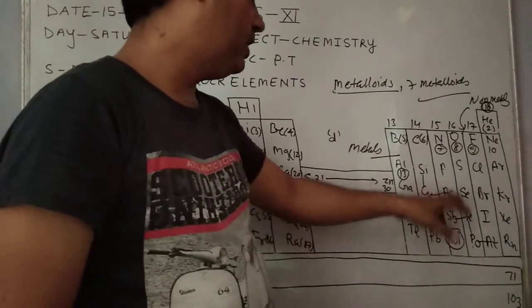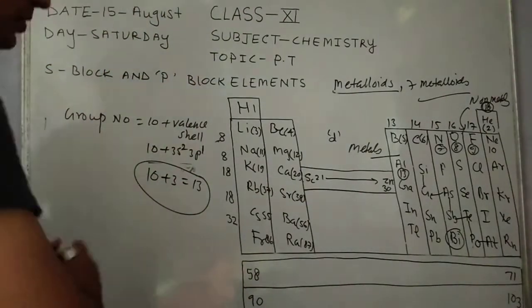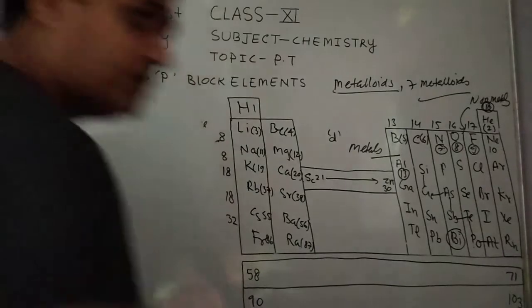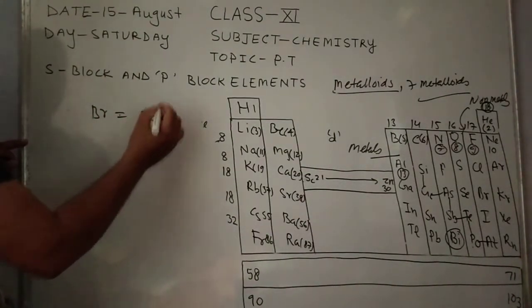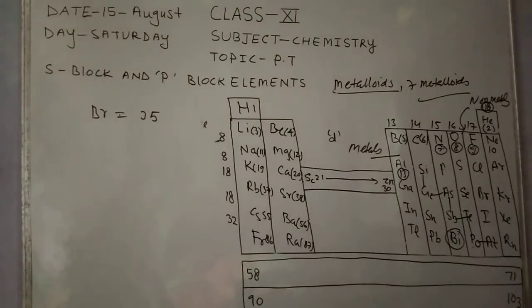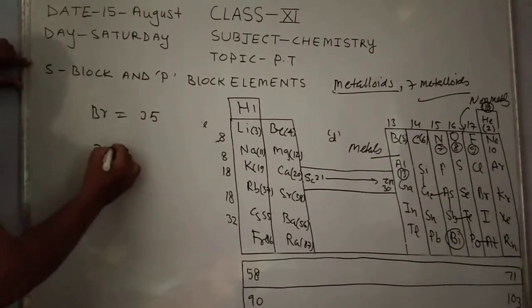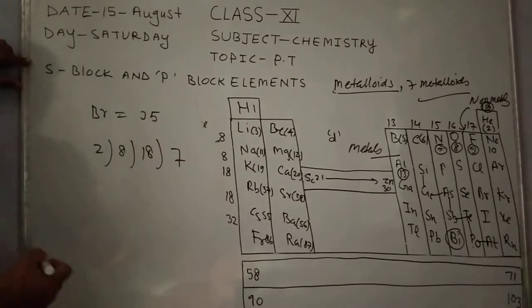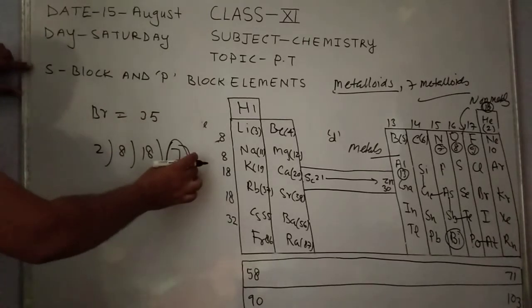For example, if we want to calculate the period number and group number of Br, that is bromine. Atomic number is 35. So you can write the electronic configuration 2, 8, 18 and 7. So the number of electrons in the valence shell is equal to 7.